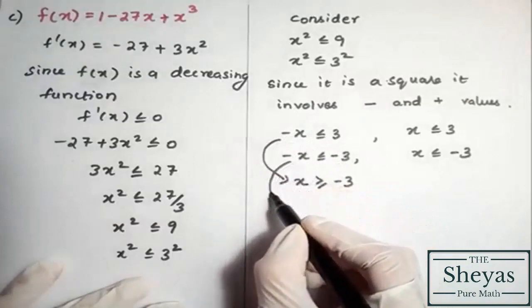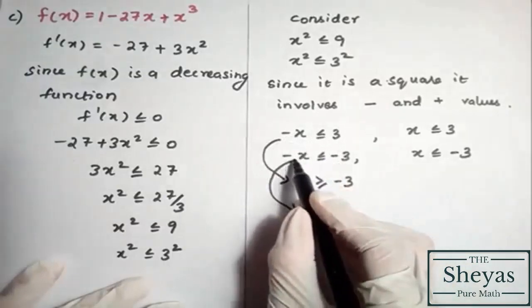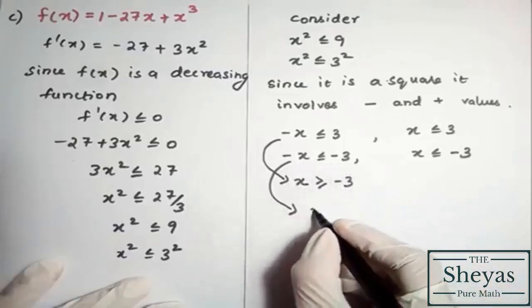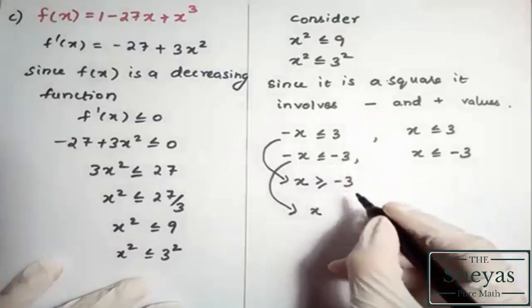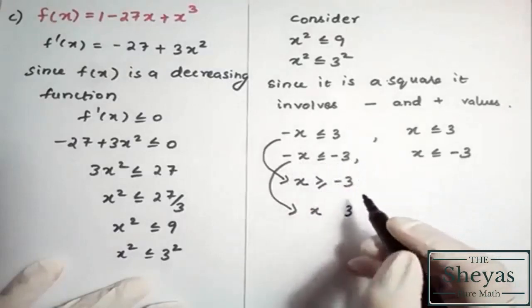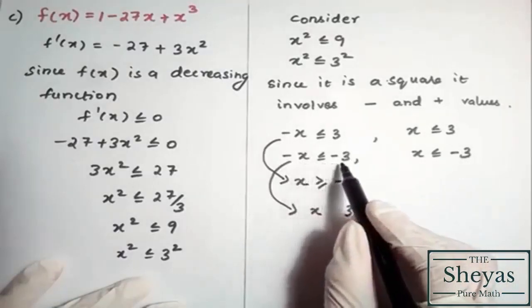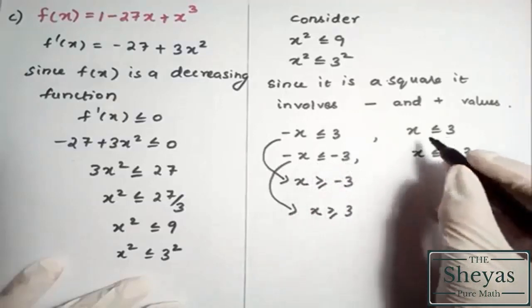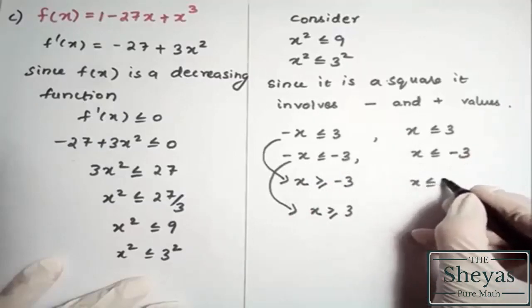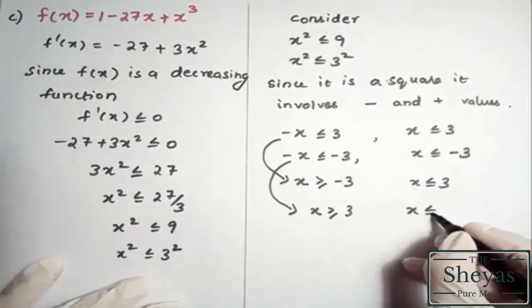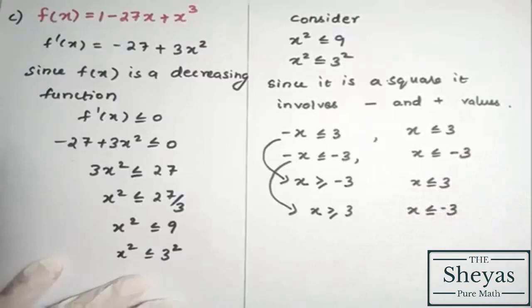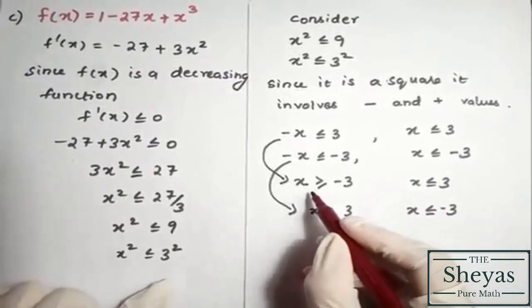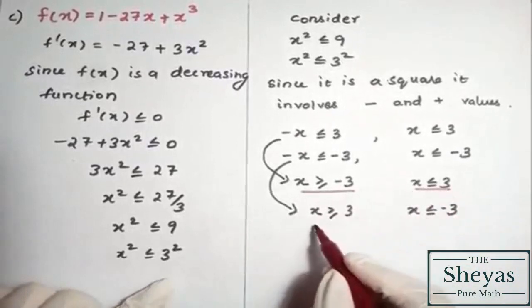And just see how I am converting this. Again I am multiplying this inequality with a negative sign. So this will become positive and this 3 also will become positive. Since you have multiplied this with a negative sign, the inequality changes. And here you are keeping the inequality as such. So these are the four values you are going to consider.